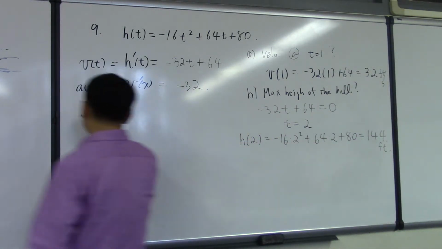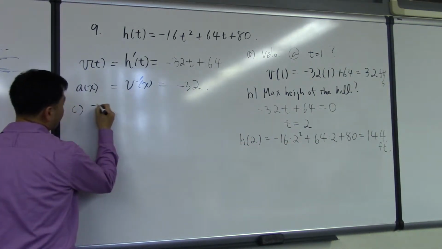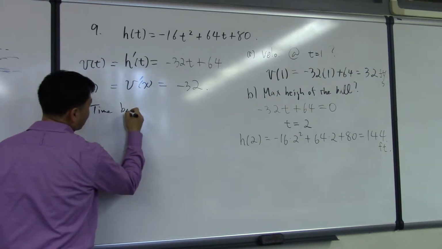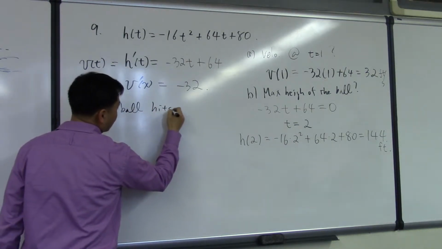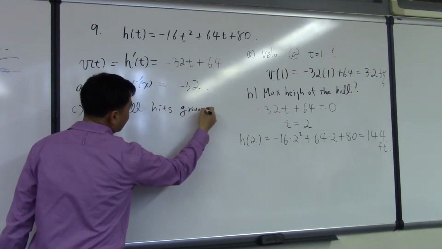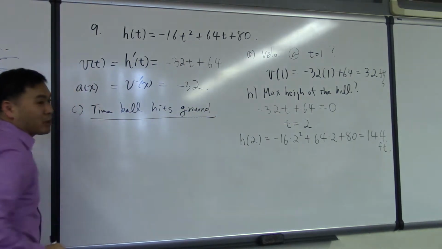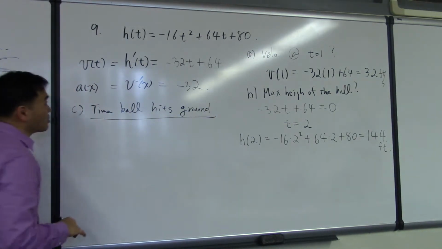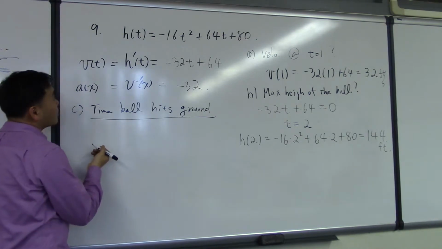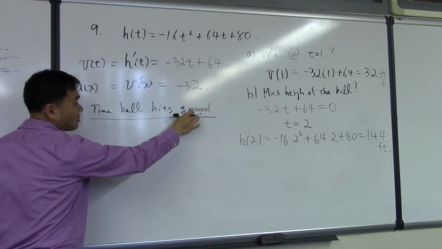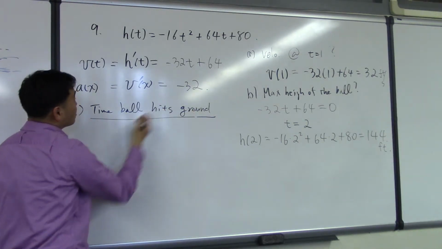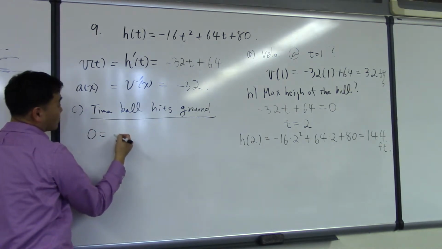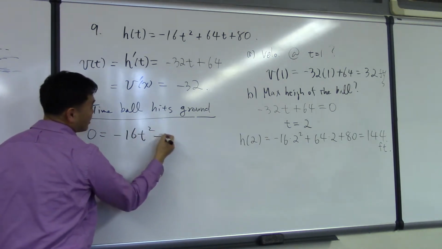Now C, when does the ball hit the ground? Now this question has nothing to do with calculus at all. It's actually a pre-calculus question. How do you solve this? Ground means height is 0. So you just have to look for the time when the height is equal to 0.